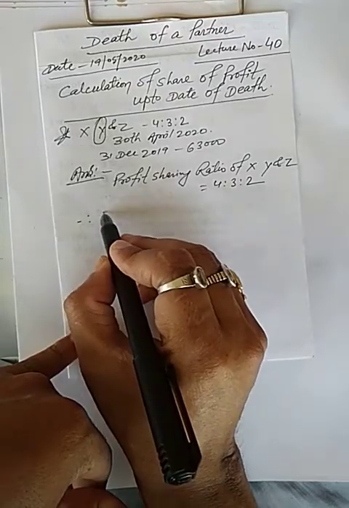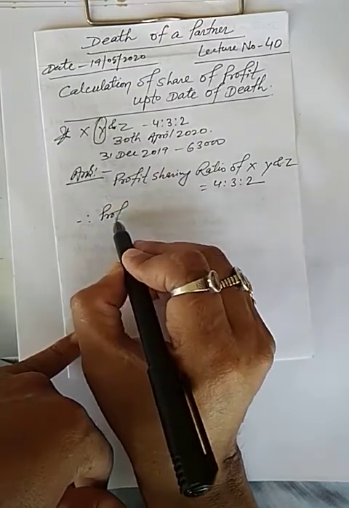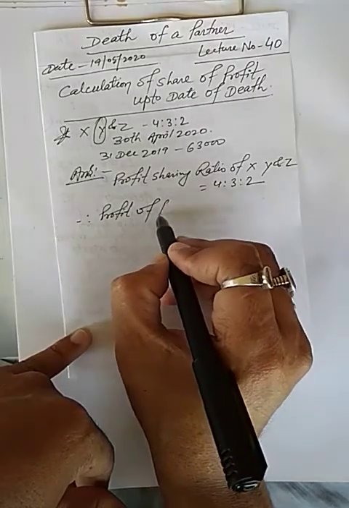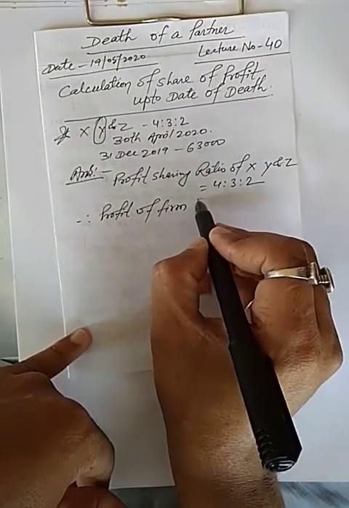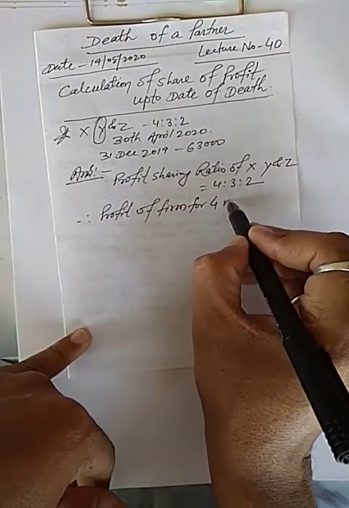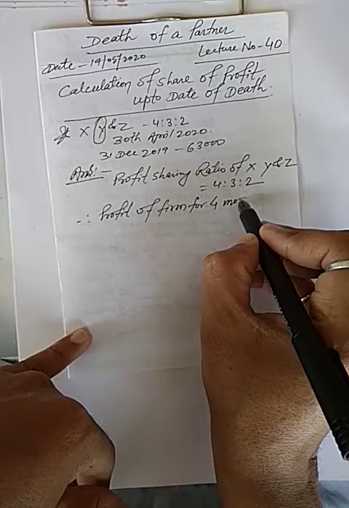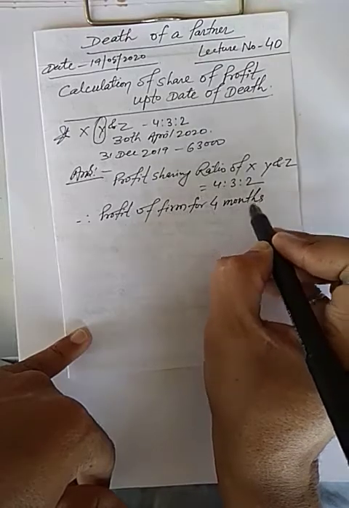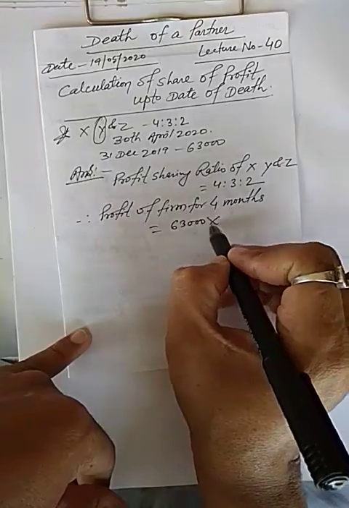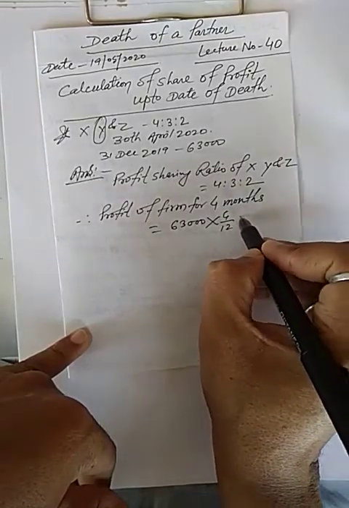Therefore profit of the firm for 4 months equals 63,000 into 4/12.